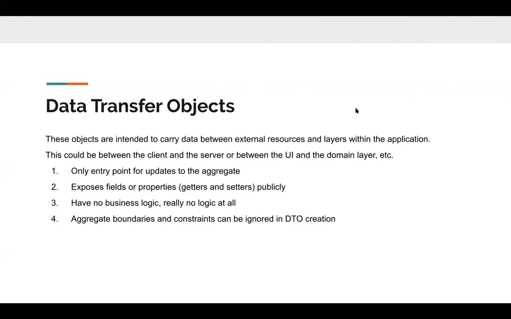So some items here. Number one, only entry point for updates to the aggregate. I think here I'm just trying to say that it's the data transfer objects. You use the properties that are on them to fill in the methods that you're calling on the aggregate. Okay. Again, you don't use AutoMapper to transfer a data object into a data entity.